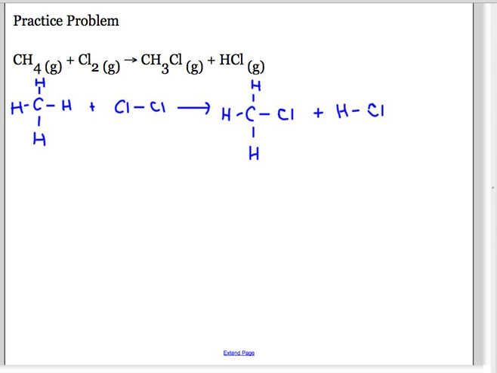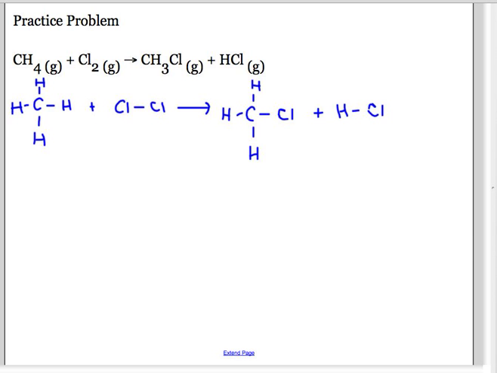All right, so I just drew the actual pictures out. I drew methane and I drew chlorine gas, and you're welcome to do this. You can do this in your head, or whenever you get a chance. I'm going to break all the bonds and make all the bonds, because that's the only way I can be sure I'm not going to make any mistakes.